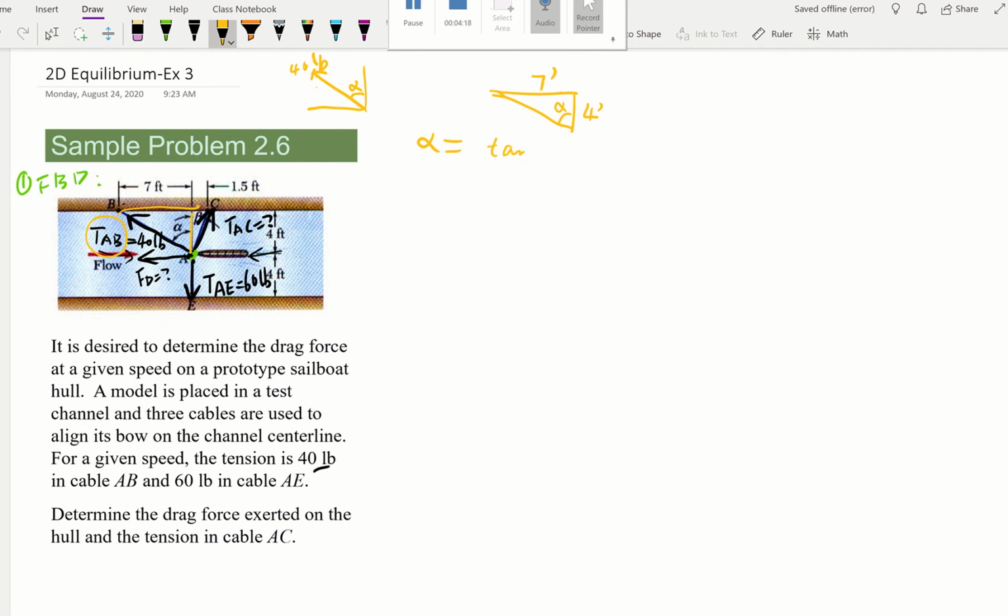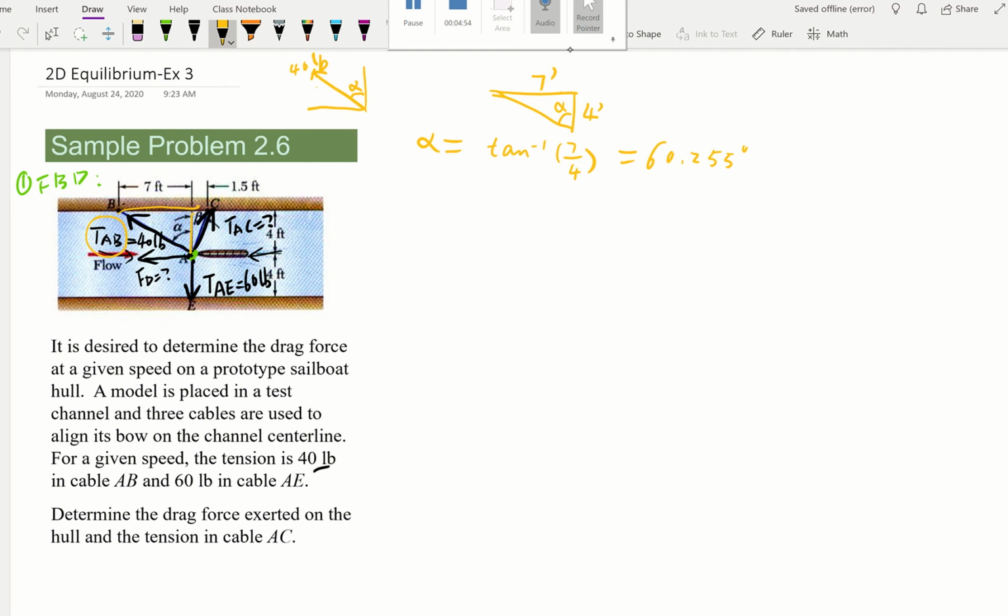So alpha is the inverse tangent of 7 over 4. I put 7 over 4 into my calculator and do inverse tangent of that. The angle is 60.255 degrees.